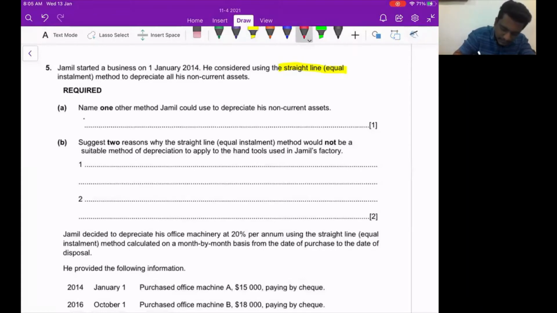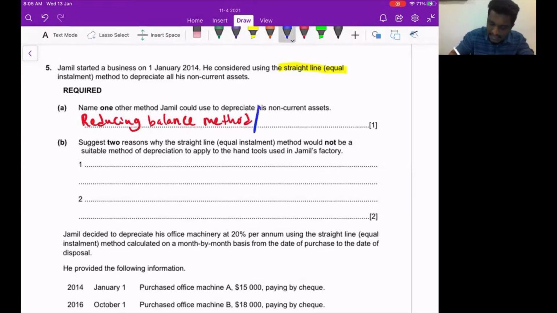He can use the reducing balance method, or another answer can be revaluation. Either one is acceptable.